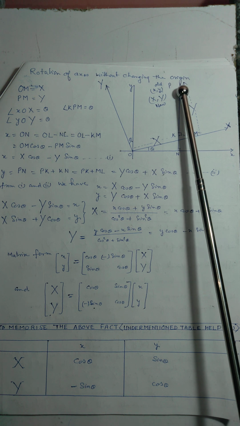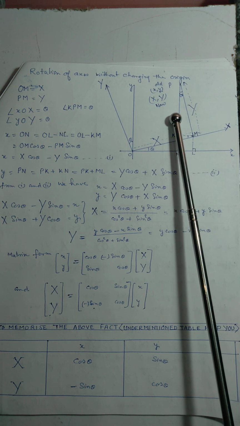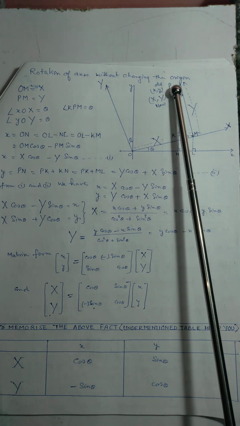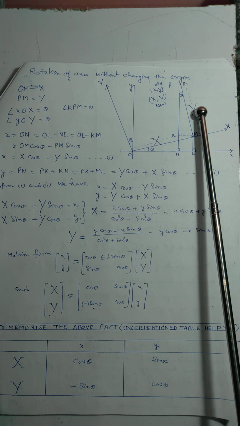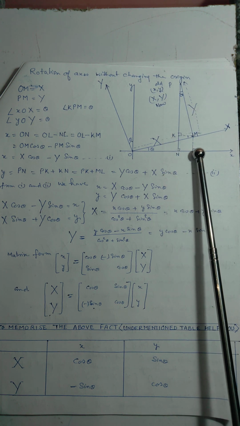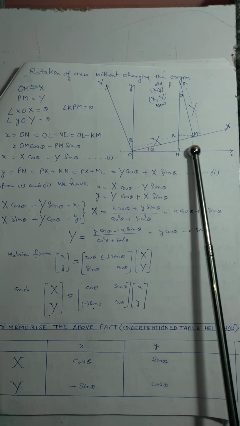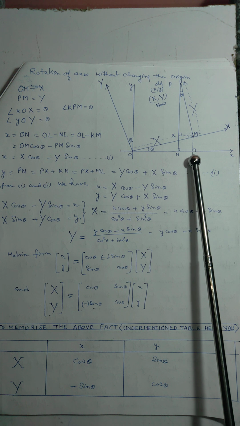So here you see PK is equal to capital Y cos theta, and plus, from this triangle you can get, capital X sin theta.